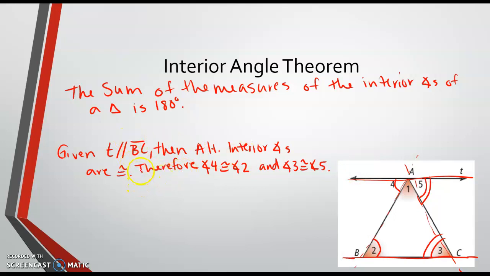So from there, because of the angle addition postulate that we learned in the first lesson, the measure of angle 1 plus the measure of angle 4 plus the measure of angle 5 equals 180 degrees.